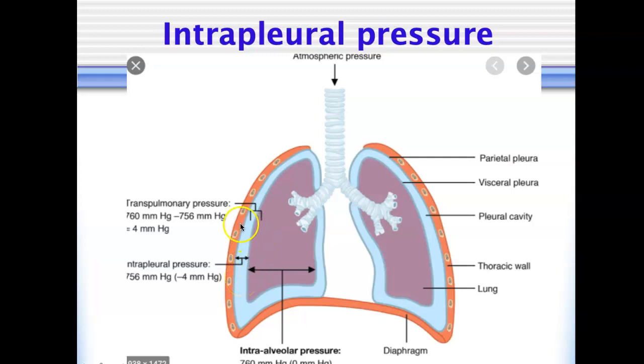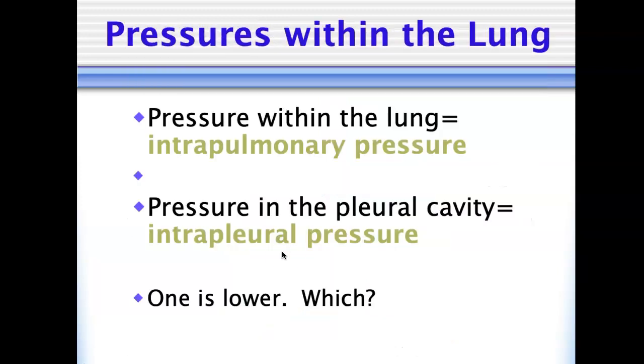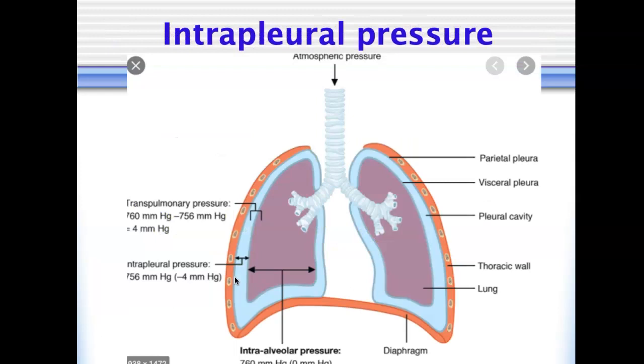Okay, visceral, parietal, and the intrapleural pressure is in between. And then in here they're calling it intraalveolar pressure, we're calling it intrapulmonary pressure. So now I'm going to take you back to the previous slide, and I'm asking here, one of these is lower than the other, they're not equal. One of these is lower, and which do you think is the lower one of the 2?